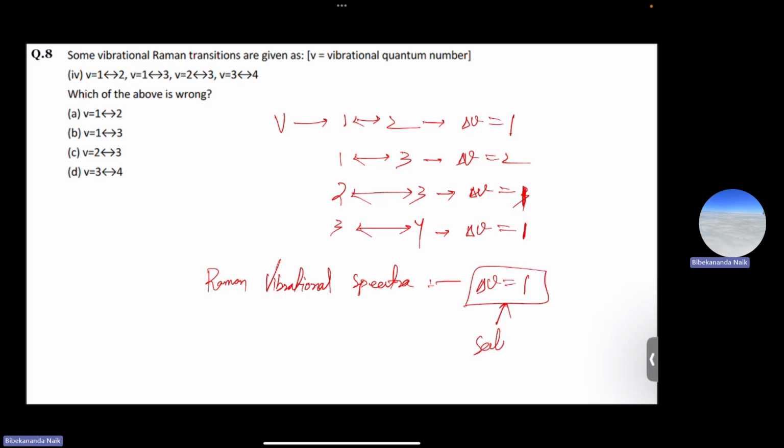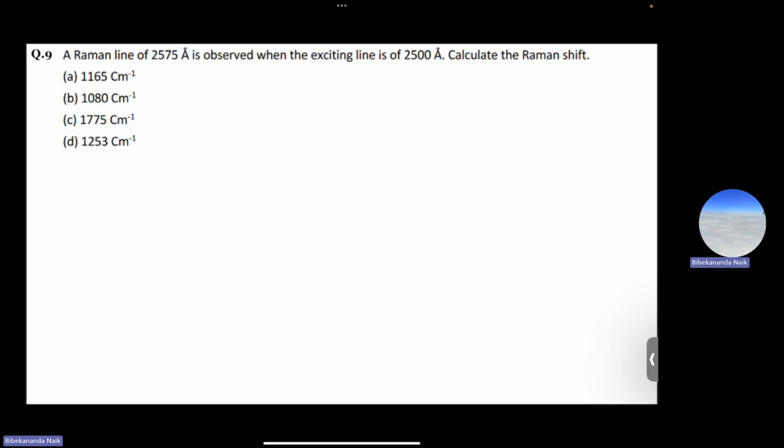This is the selection rule. The question says which of the above is wrong. So this is not allowed, because for V1 to 3 the delta V is 2. So option B will be the correct option, and the transition from 1 to 3 is not allowed. I hope this is clear to everyone. Now we move to question number 9.